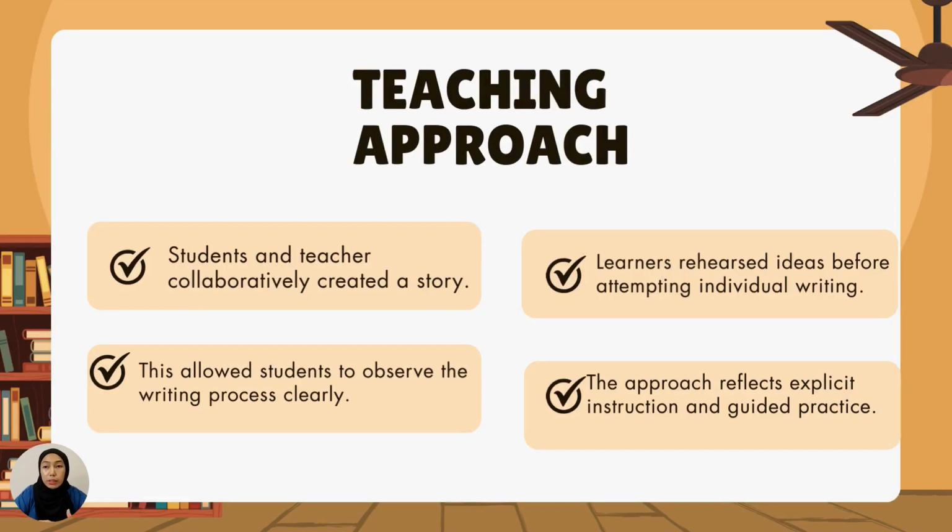In this lesson, the teacher used a very clear teaching flow. The teacher introduced the narrative structure, modeled examples, allowed students to share ideas, and combined their ideas into a complete story. This method is known as explicit teaching with scaffolding.